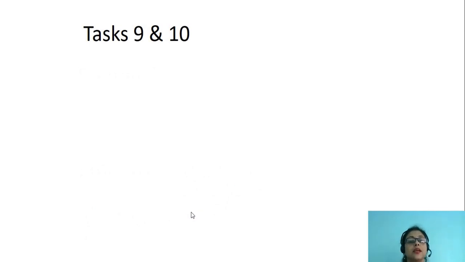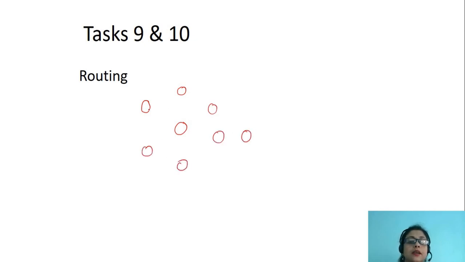Let us now understand task number 9 and 10. Task 9 is routing. Let's say we have a network consisting of a large number of nodes connected through links like this.